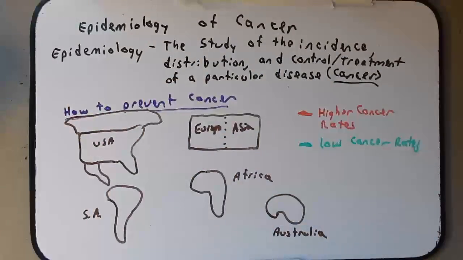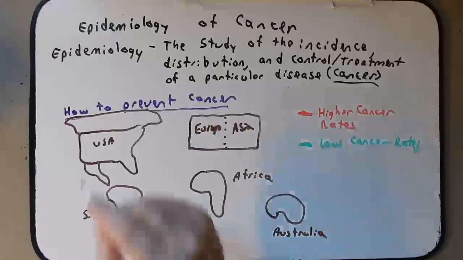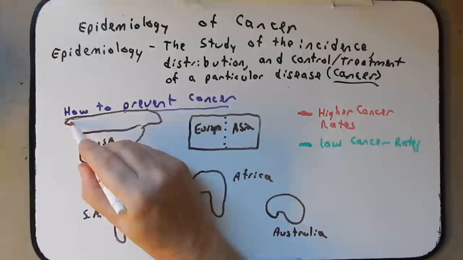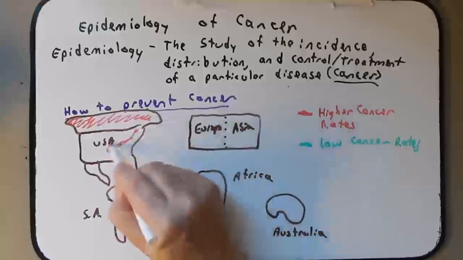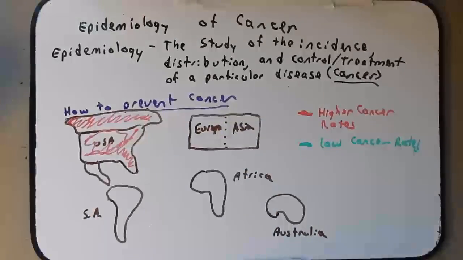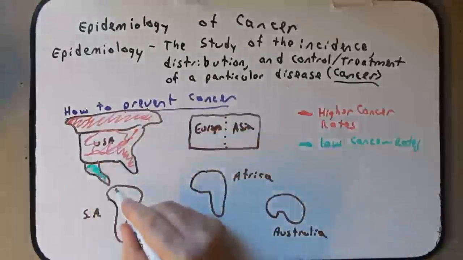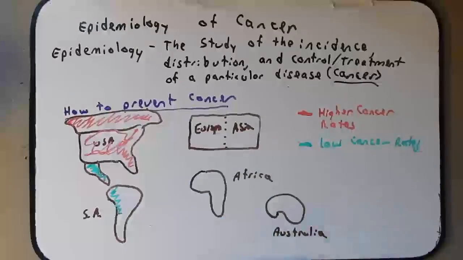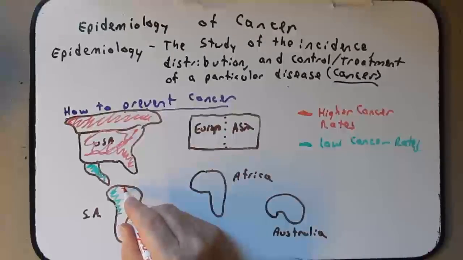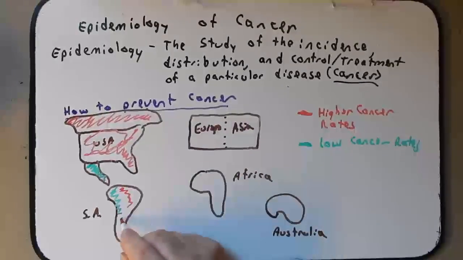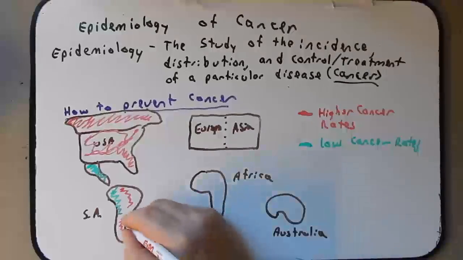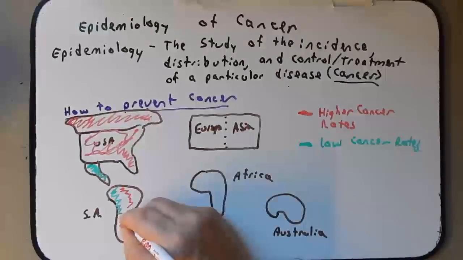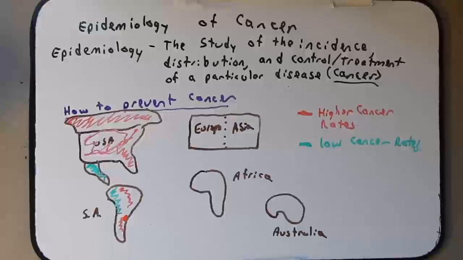So we know that in general, cancer is much more common in industrialized parts of the world. So up here in Canada, the United States, but less common in Mexico. Less common in parts of South America. But in some parts of South America, it's more common. And even some pockets in South America, it's extremely common.